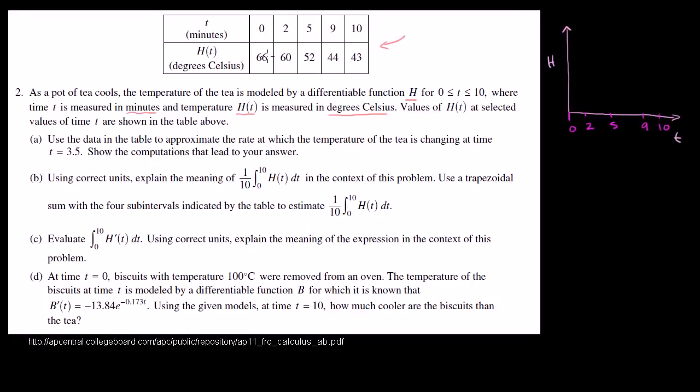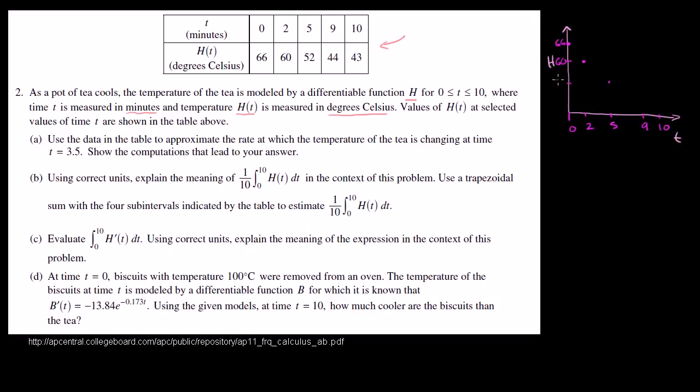At time 0, the temperature is 66 degrees Celsius, so it's right over there. At time 2, it is 60 degrees Celsius. At time 5, it is 52 degrees Celsius, so maybe it's right over here.